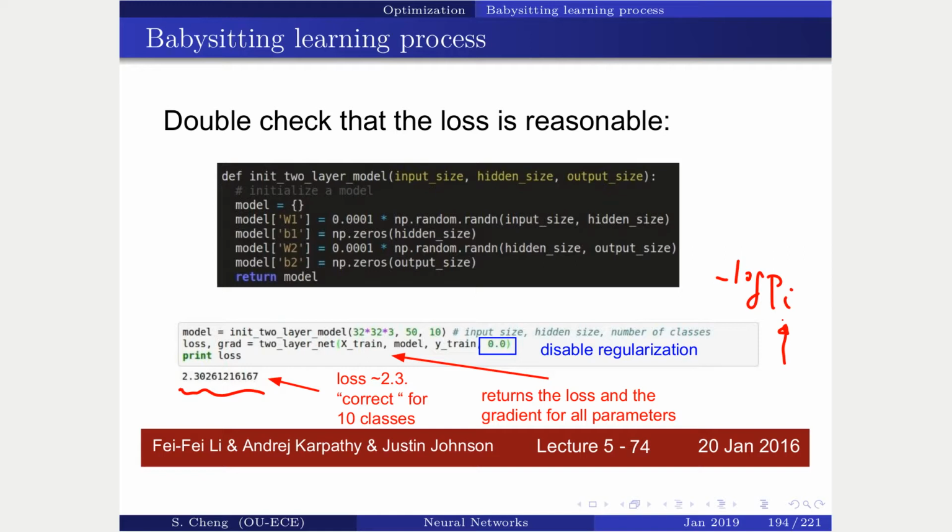Basically it's classified to this class, and pi is the probability from the output of the network, right?